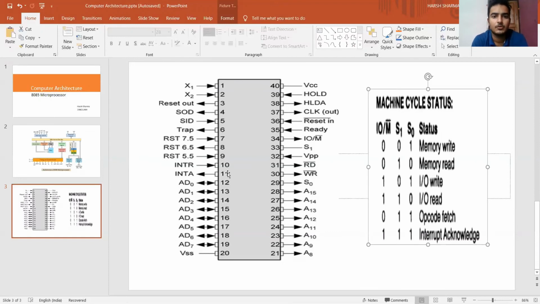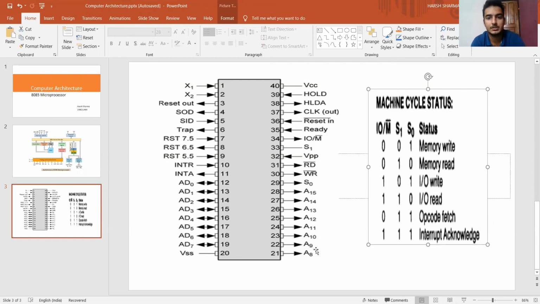We know that in the microprocessor the length of the address bus is 16 bit and the length of the data bus is 8 bit. So the address bus and data bus on pins 12 to 19 are multiplexed, and the remaining 8 address buses are on pins 21 to 28.